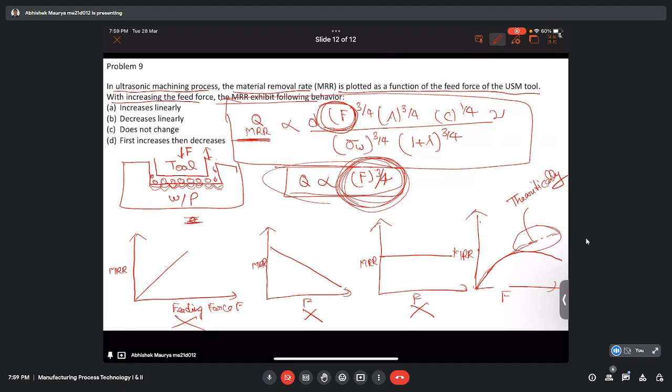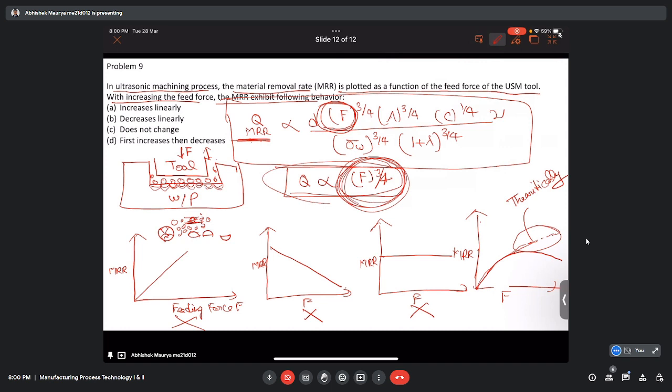Suppose earlier this abrasive particle was something like this, but when we applied high load, it itself got fractured. Then it will become hemispheres, something like this and something like this. If it fractures into small pieces, will the deformation area become larger or smaller? It will become smaller.